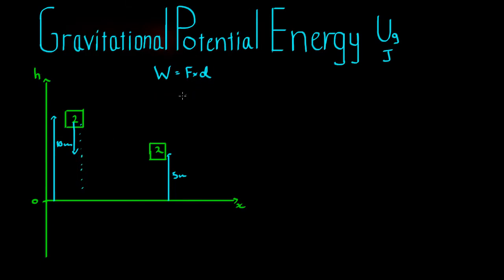So the work on this block would be force, which is mg, 2 times 10, and the distance is 10 meters drop. That comes to 200 joules of energy if this block, starting at rest, were allowed to drop to the ground. So that's work on block 1.